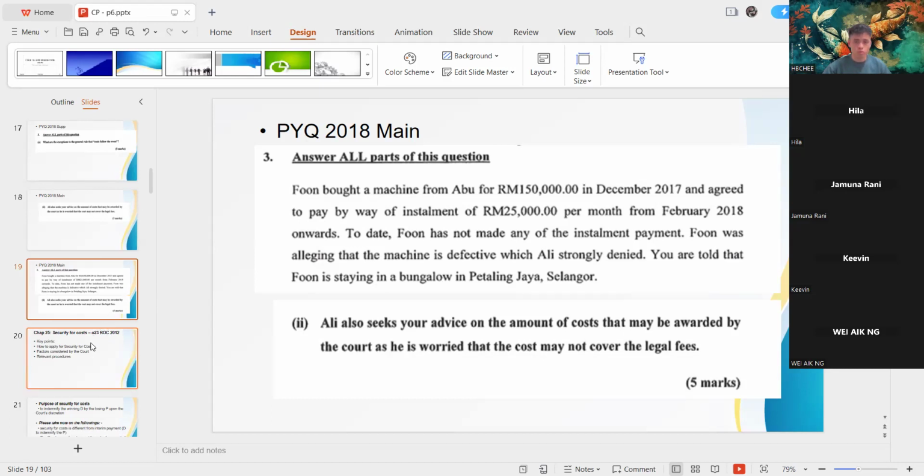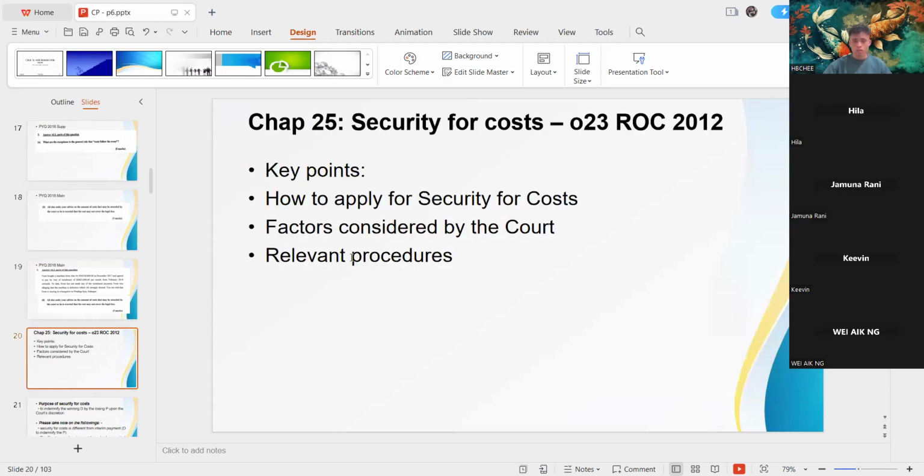Okay, we will come to the next chapter, security for costs. Security for costs simply means that the defendant can ask the plaintiff to make a certain payment into the court. Last time I was quite confused between security for costs and interim payment, so I want to make everyone clear.